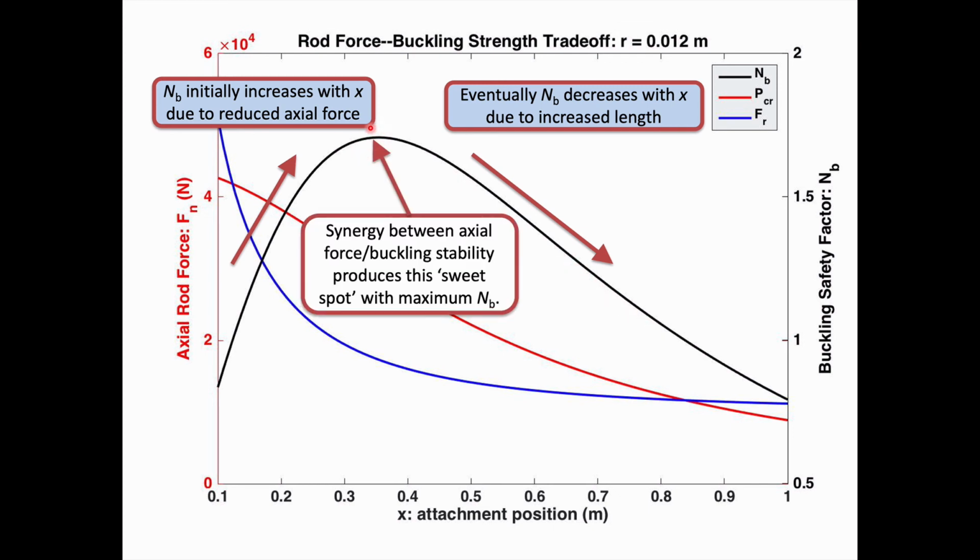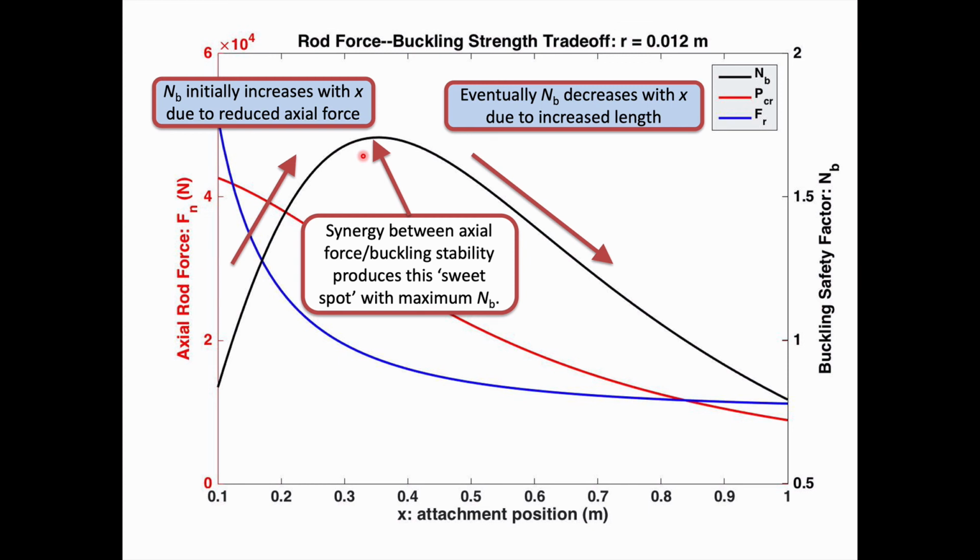Because we have this local maximum here, we can observe that there's some synergy between the axial force and buckling stability. It produces what we could think of as a sweet spot with respect to maximal buckling. If we want to produce a design that is as resistant as possible to buckling, then this is where we want to be. That's not our design objective, though.